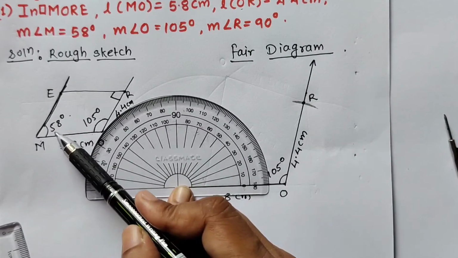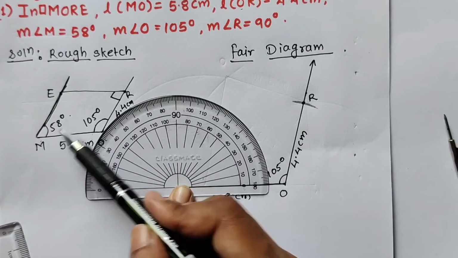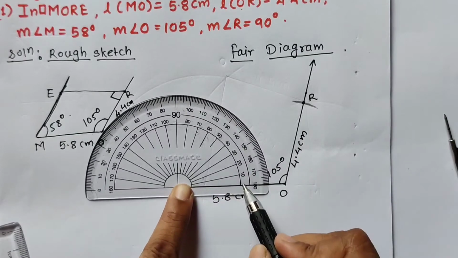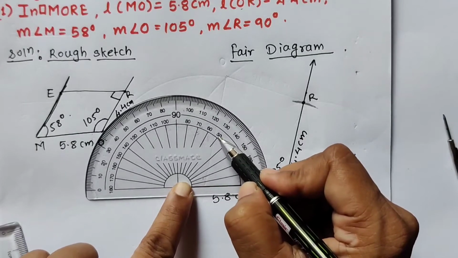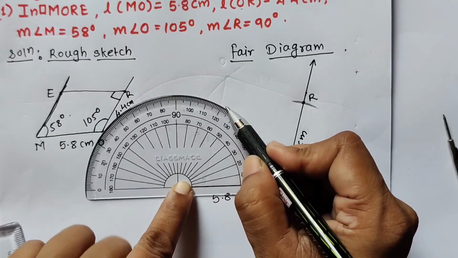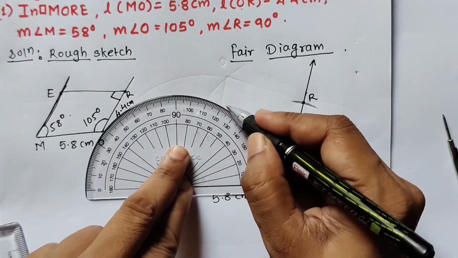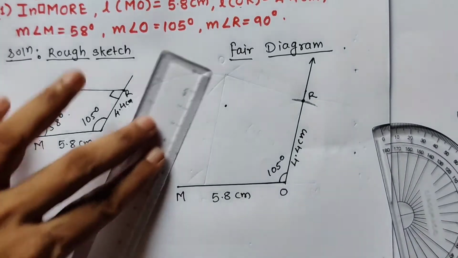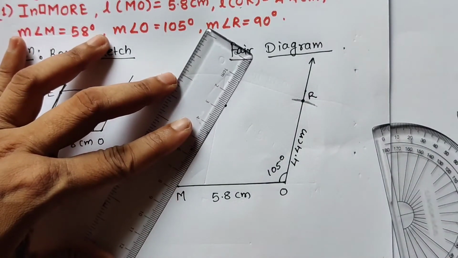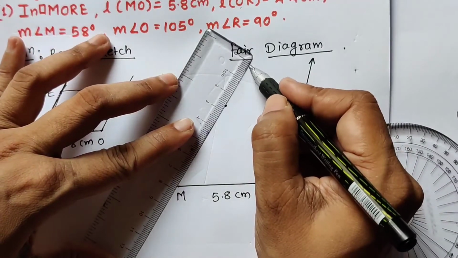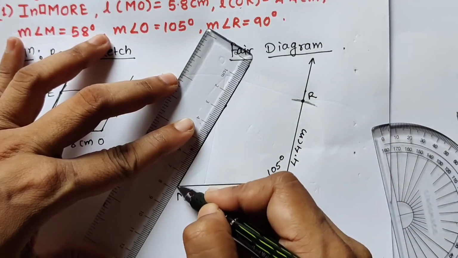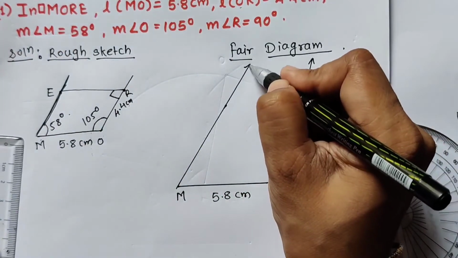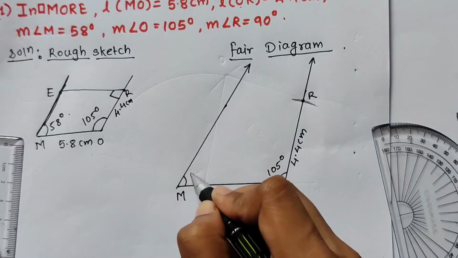And how much we have to take the measurement? 58. So see 0, 10, 20, 30, 50. After 58th line, see 8th line here. After 50, this is 8th line, it will be 58. Now, I am going to draw a ray here. This is 58 degree ray.